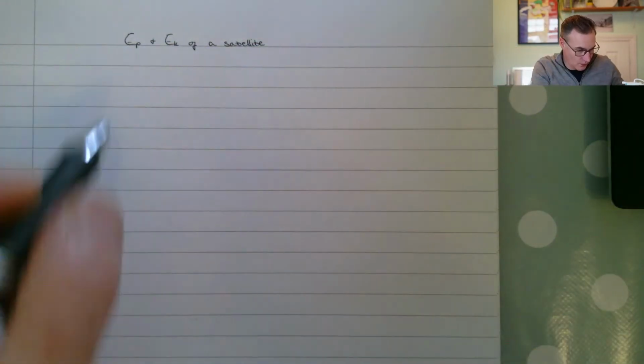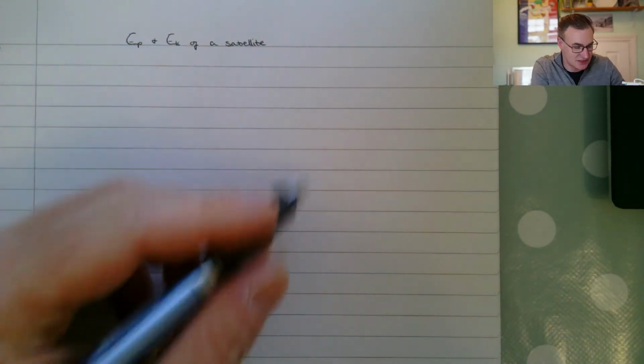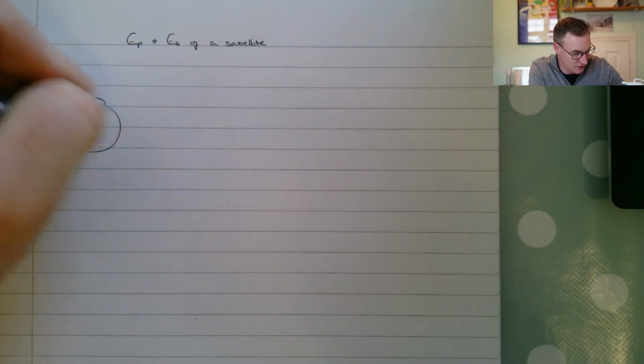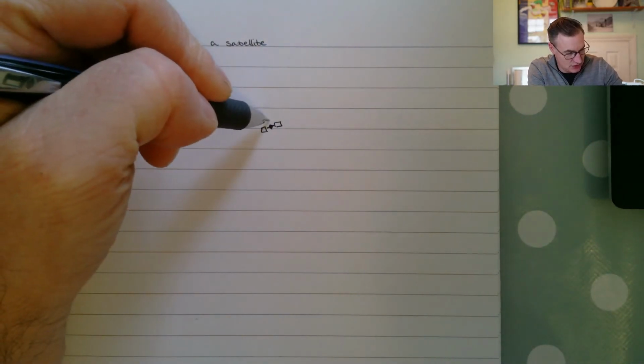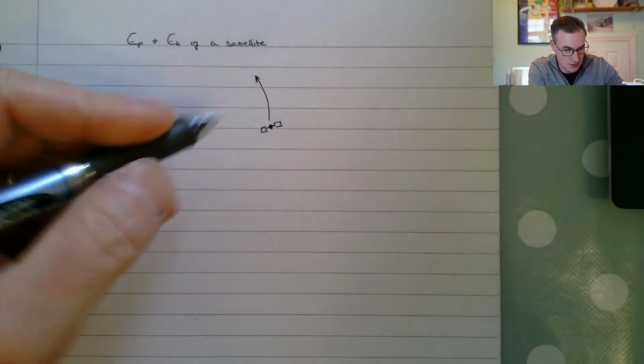Okay, so we'll just do one other relatively quick thing, and this is looking at the EP and EK of a satellite. So similar to before, we have a satellite that's going to be orbiting somewhere above the Earth, and let's just say it's moving around like this.